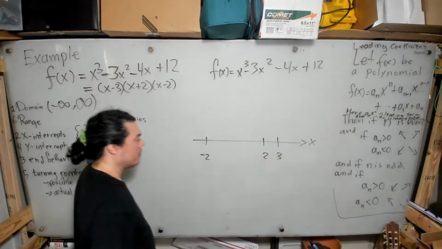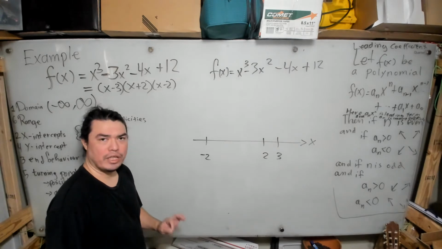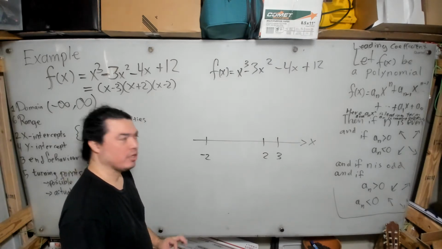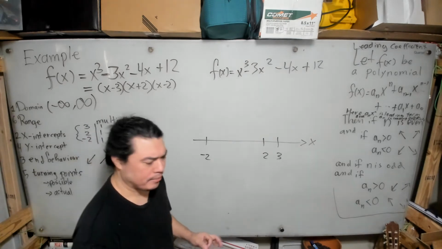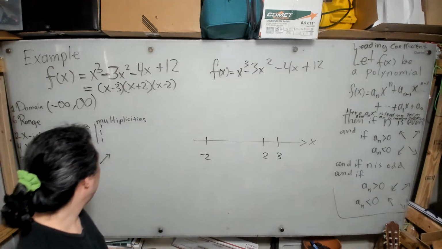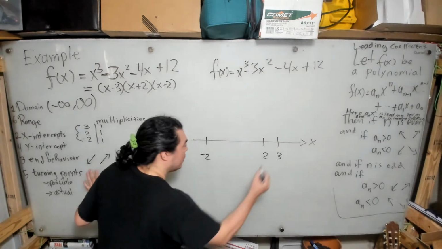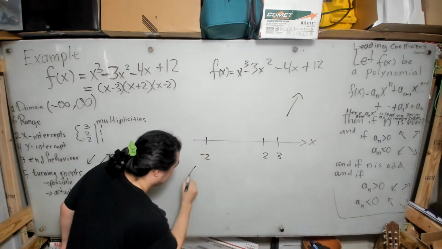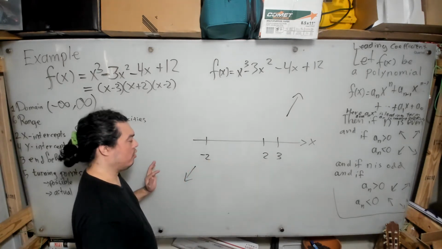I know the graph of f crosses at each of these x-intercepts because each of them we saw had odd multiplicity, in particular multiplicity 1. And now because we know the end behavior is down and to the right, somehow it's going to go up this way, and somehow it's going to go down this way when we're beyond these locations.